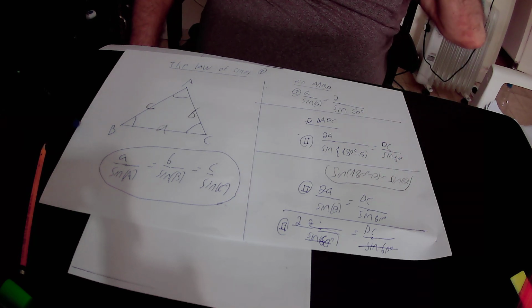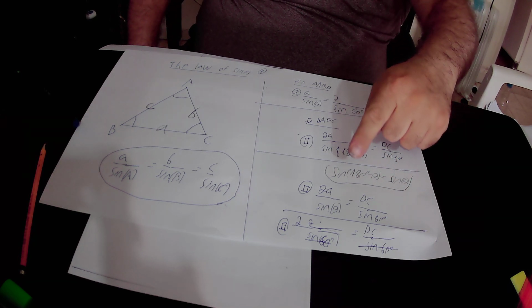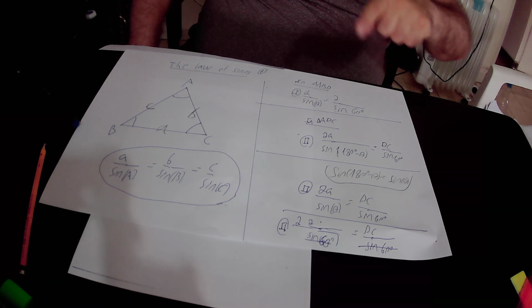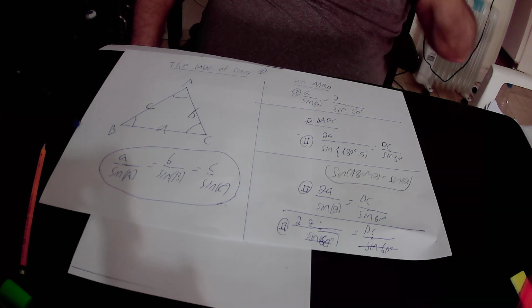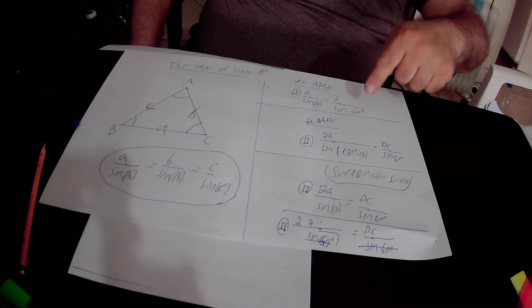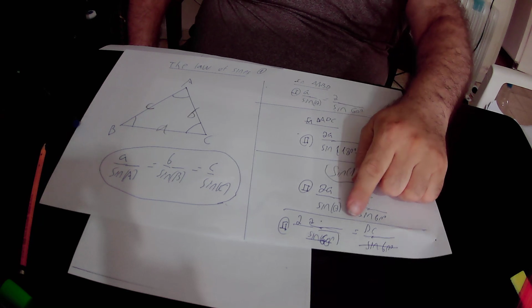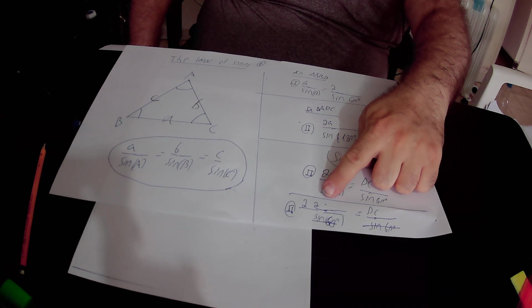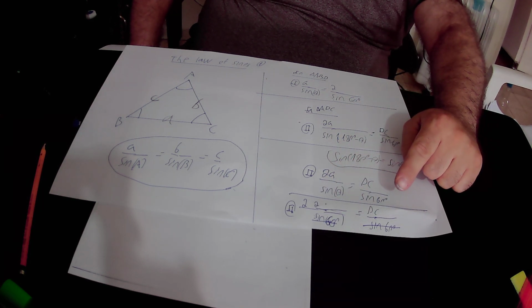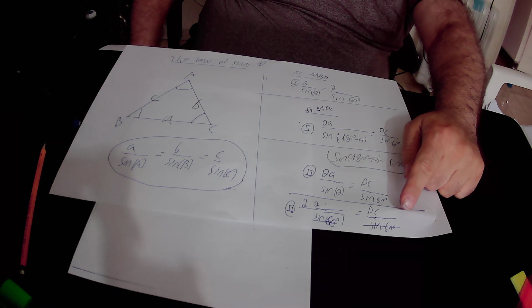Here we have A over sine theta in equation number 2, but according to equation number 1, A over sine theta equals 2 over sine 60 degrees, so we can substitute it. We did it, and we got 2 times 2 over sine 60 degrees equals DC over sine 60 degrees.